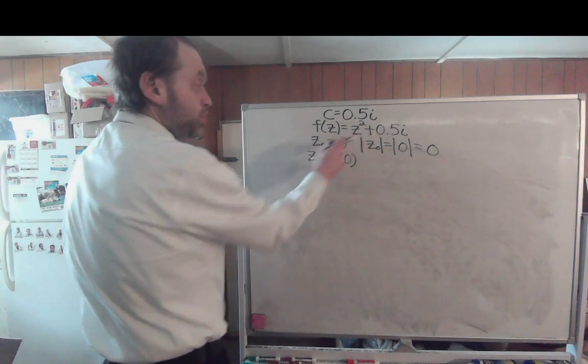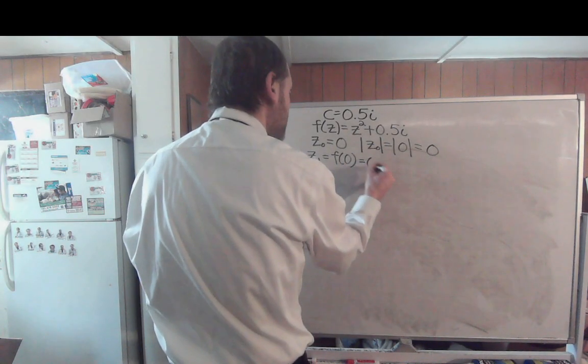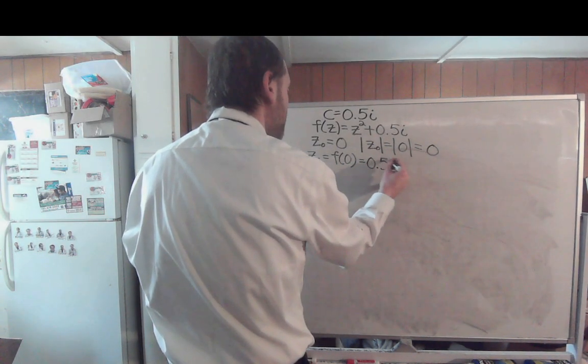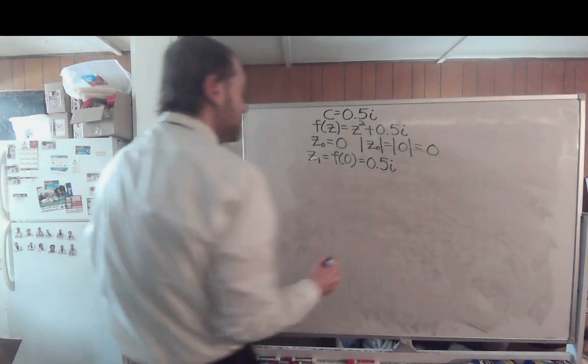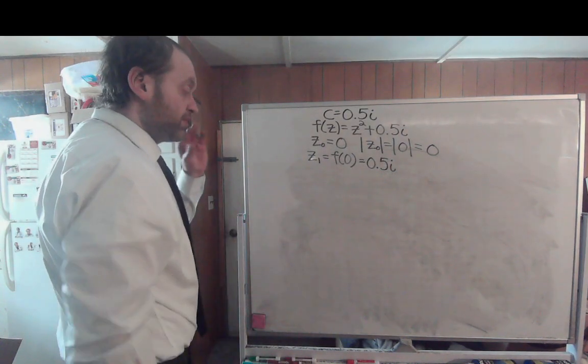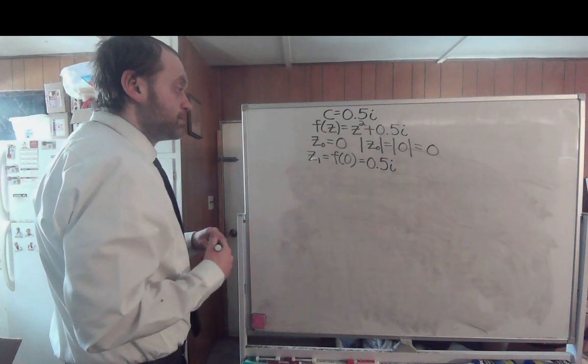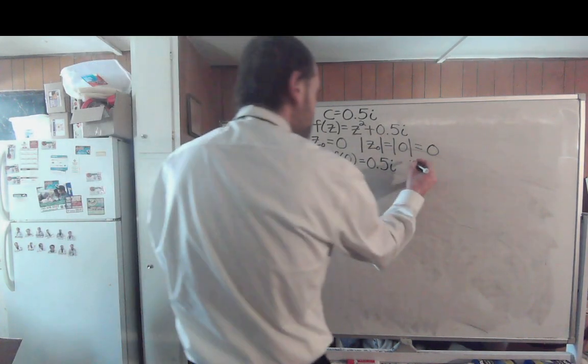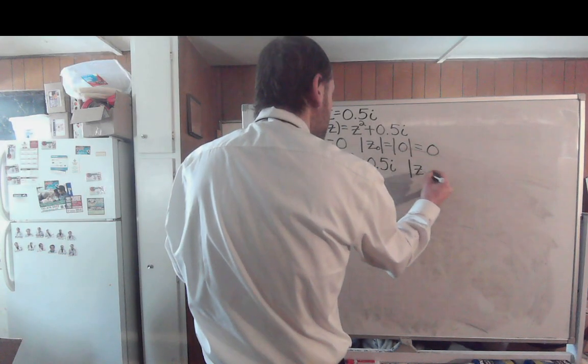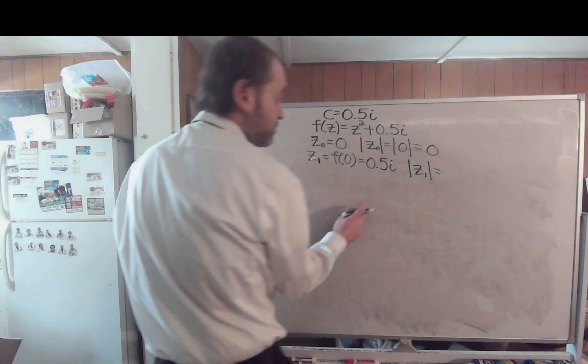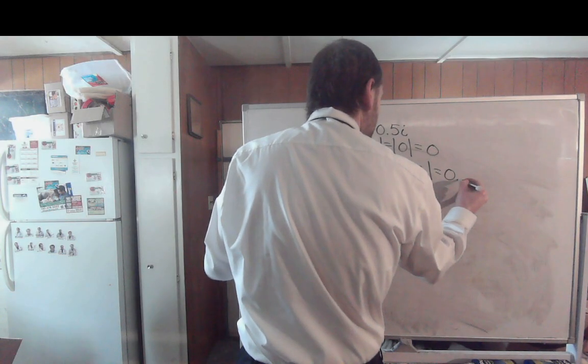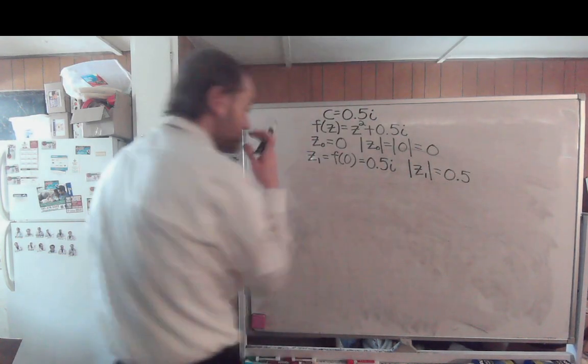Well, 0 squared is 0, so you would just simply end up getting 0.5i. So the absolute value of z sub 1 is just going to equal 0.5, okay? So that's as far as we've gotten.